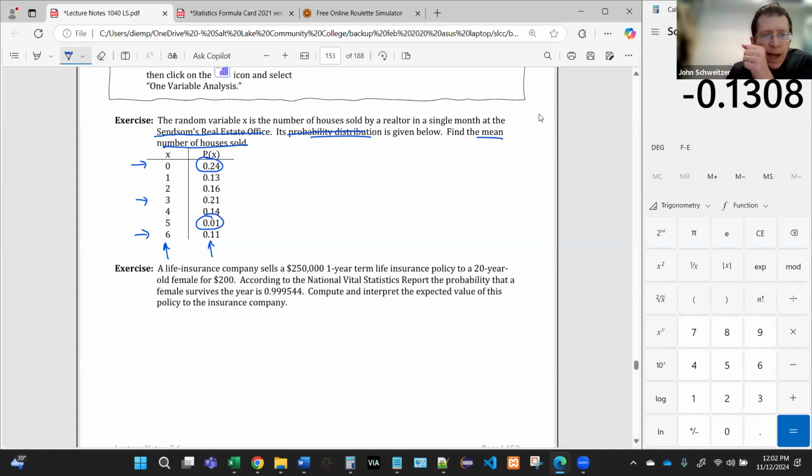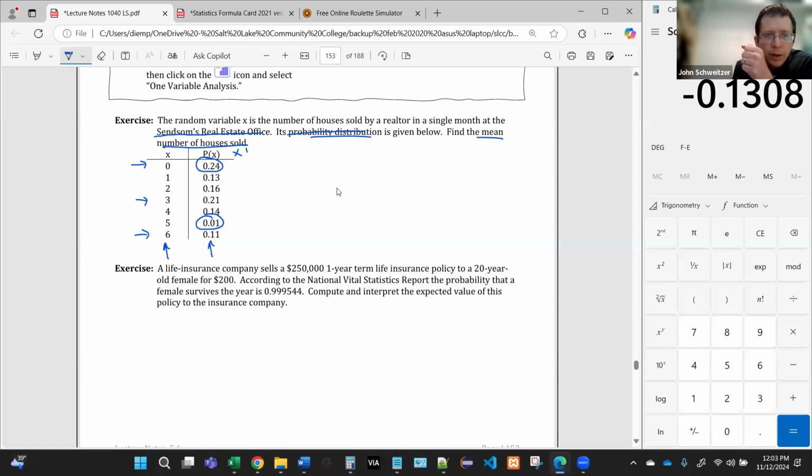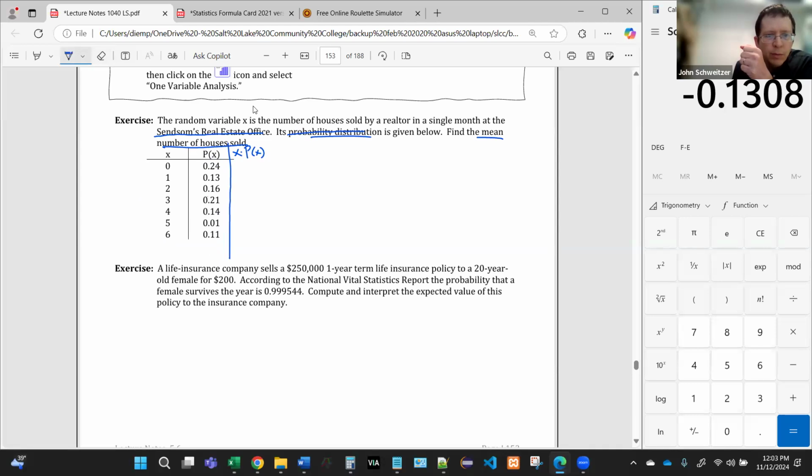So if I want to get the mean or the average here, we're going to use that formula for the expected value. So it's right here. And again, it'll be on the formula card, so you'll just bring this with you to the exam, right? So that formula calls for the product of each value of the random variable by its associated probability. So I always set it up with a third column here. I go x times p of x and we just multiply across.